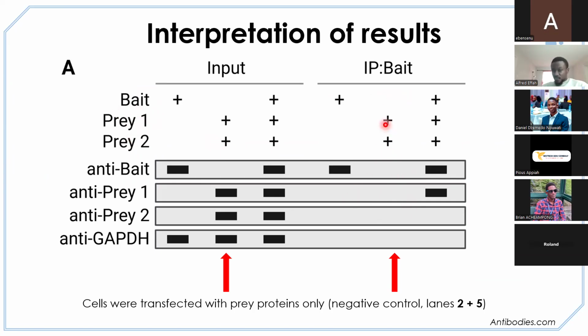So when we stain for 1 and 2, we shouldn't see them, because this is after using antibodies against this, washing everything, and then trying to see whether these proteins interact with this. Now, we don't even have this protein to begin with. If this protein is not there, it means that when we wash, we will wash protein 1 and 2 away. And so when we stain, we shouldn't see anything here.